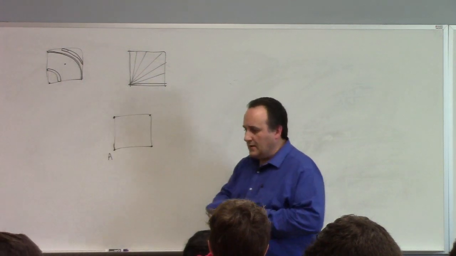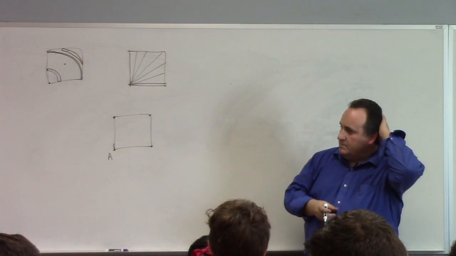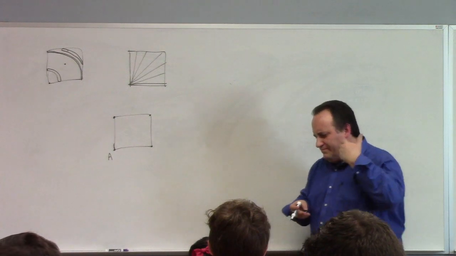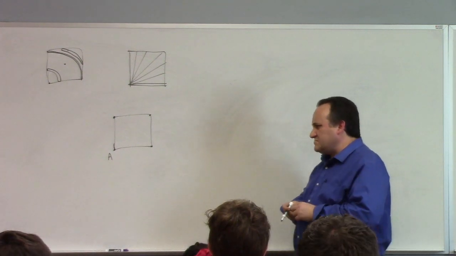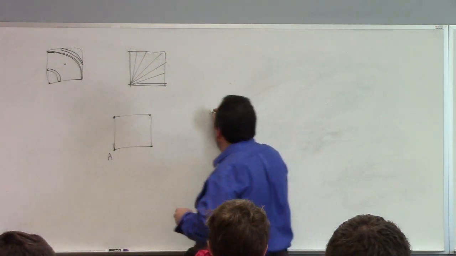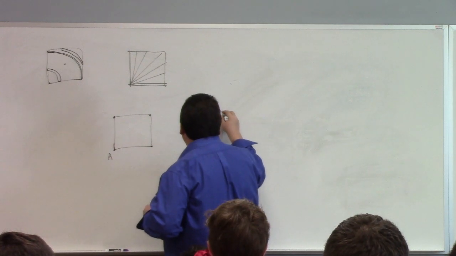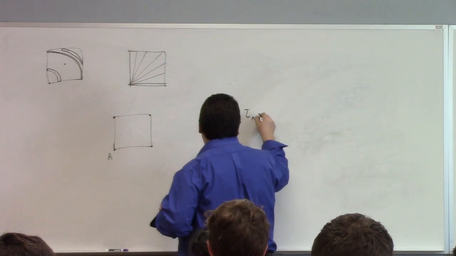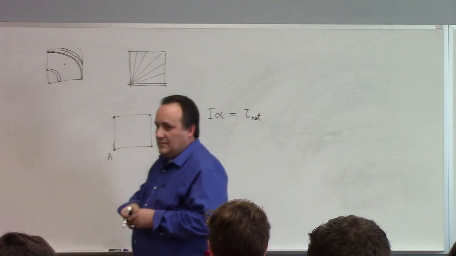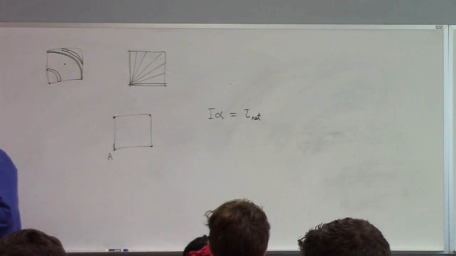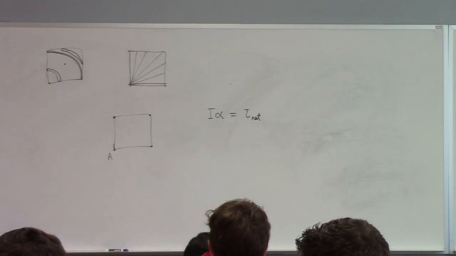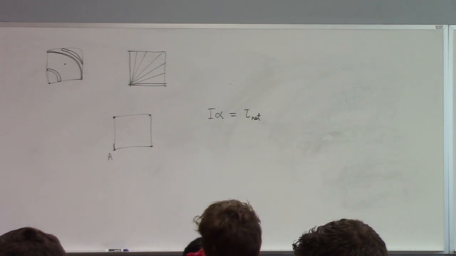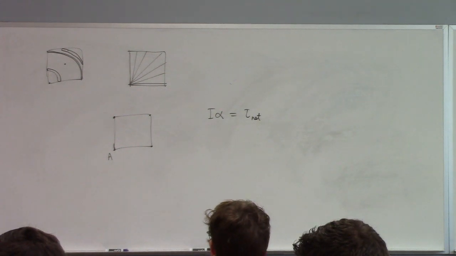To solve the motion, you just set the moment of inertia times angular acceleration equal to the net torque. What's the net torque equal to? Well, that should be relatively easy to figure out. I tell you the forces, right? They're applied at particular points. You can figure out the radial arms for each one of those points, and so you can calculate the torque, right?